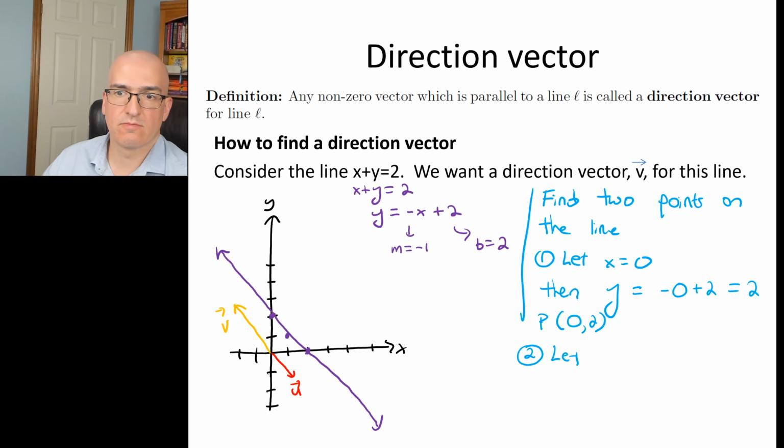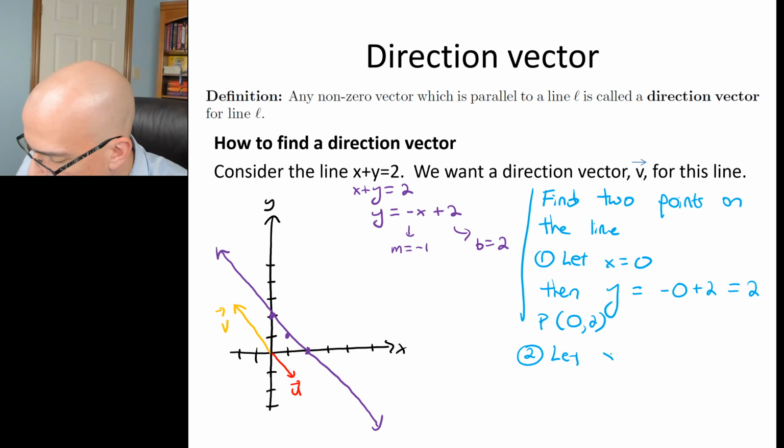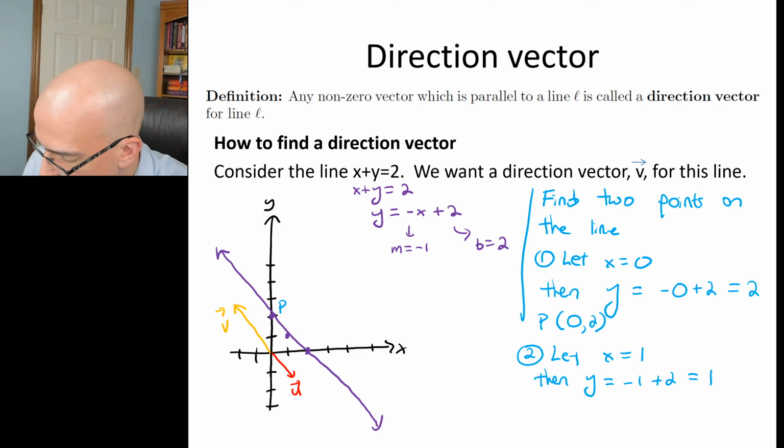So let's say let x equal 1. So we'll get y equals negative 1 plus 2, which is 1. So our point Q is (1, 1). So there's our point Q.